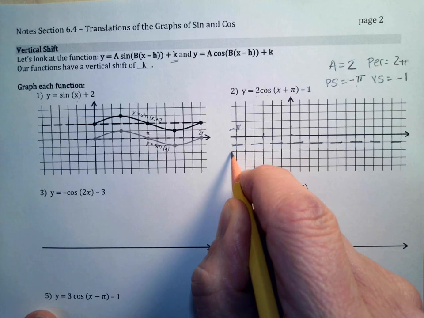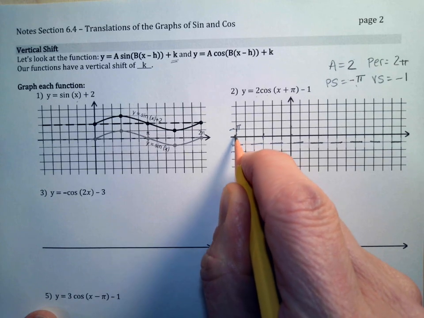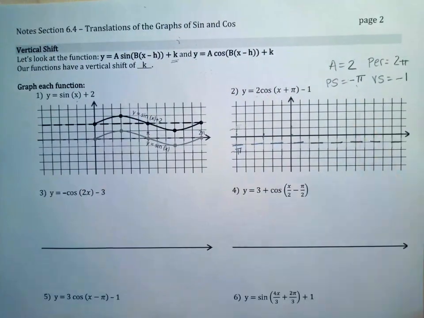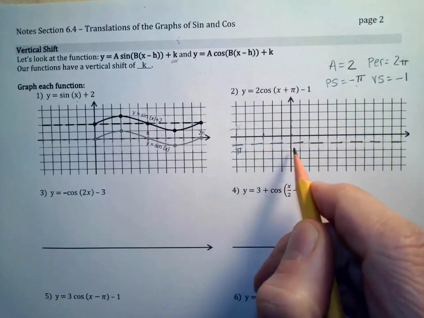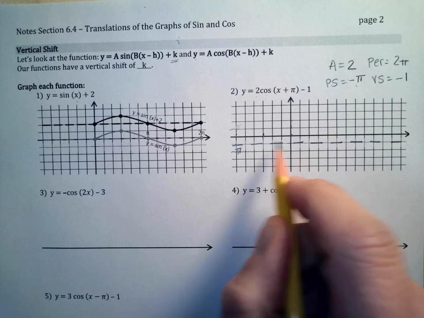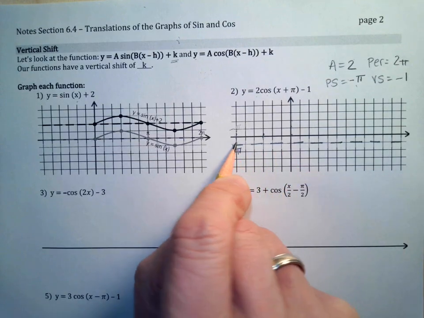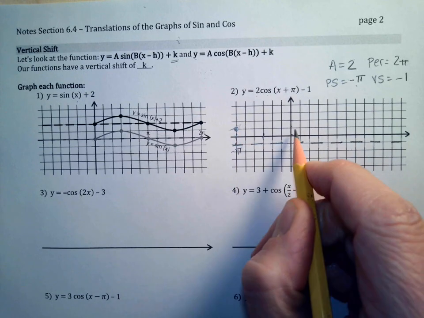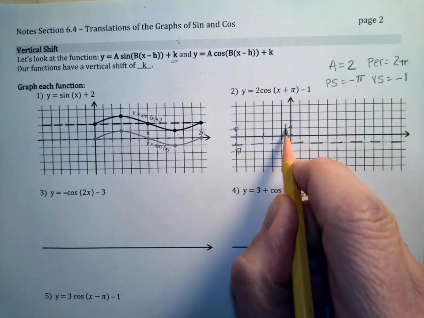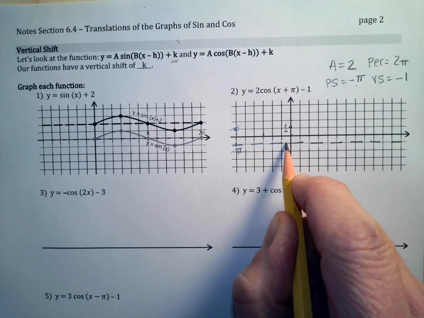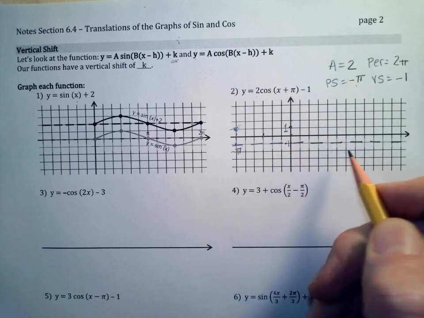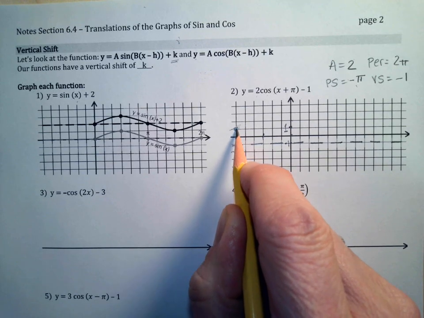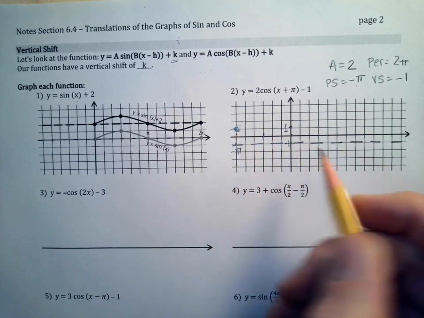I'm not going up to 2, I'm going 2 above the baseline. So I'm going over to negative pi, and I'm going up 2 units. We're assuming of course that this is 1, and then that is negative 1, so we're using the same kind of scale. So we go up 2 units, 1, 2, we're up here, okay?